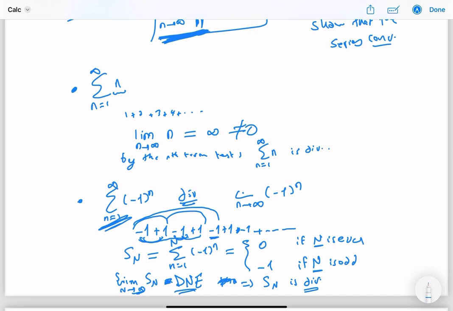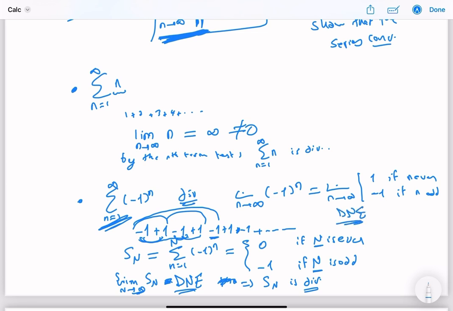We know that this limit does not exist, because it's the limit as n tends to infinity of 1 if n is even, and of negative 1 if n is odd.